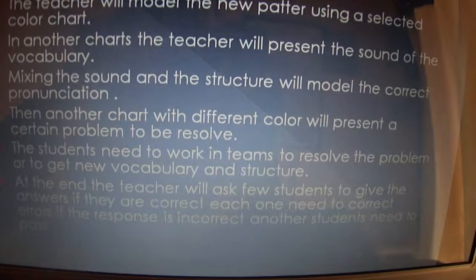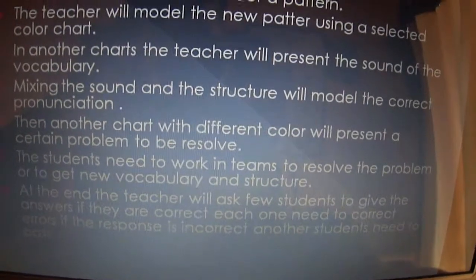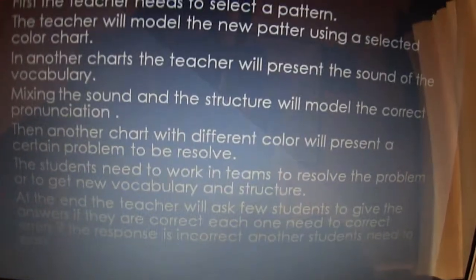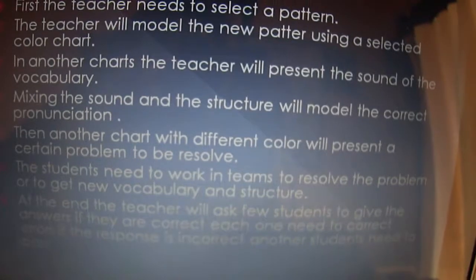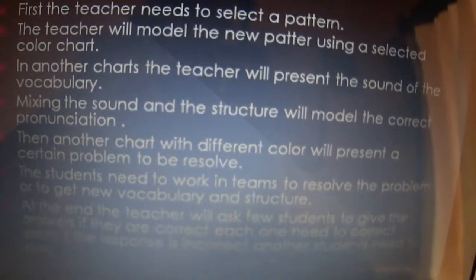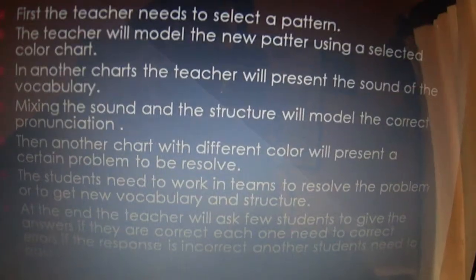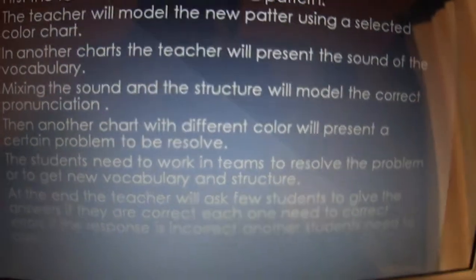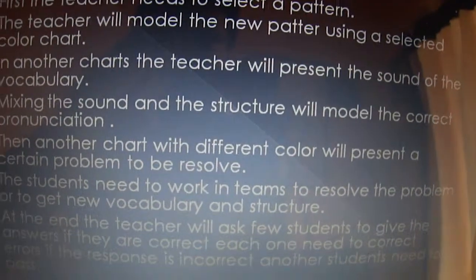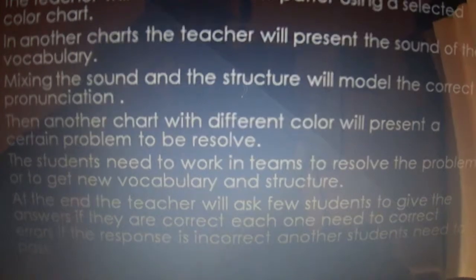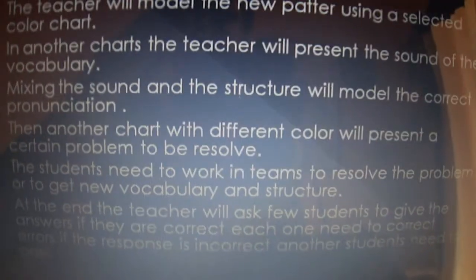So mixing the sound and the structure, the teacher will model the correct pronunciation, mixing the pattern of the structure and the pattern of the vocabulary. Then another chart with a different color will present a certain problem to be resolved.